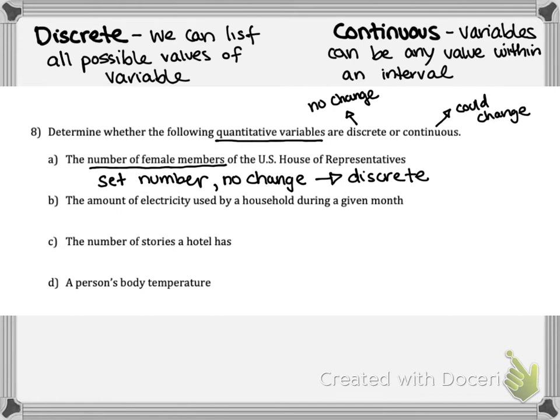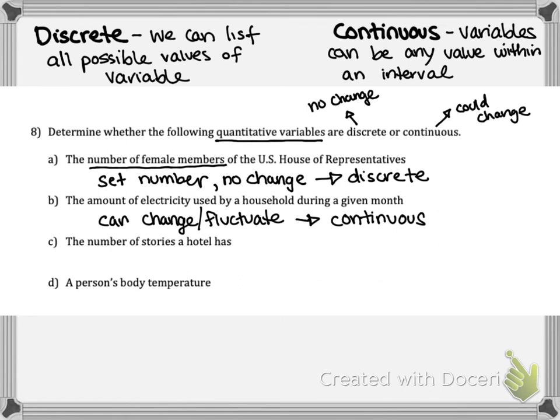And hopefully we know that some days are hotter, some days are colder, so our electricity usage would fluctuate over a month. This can change or fluctuate. So this would be a continuous variable.